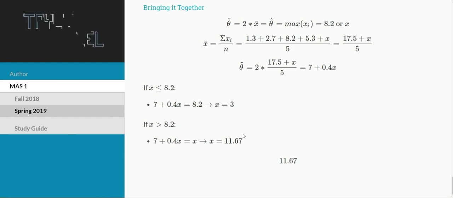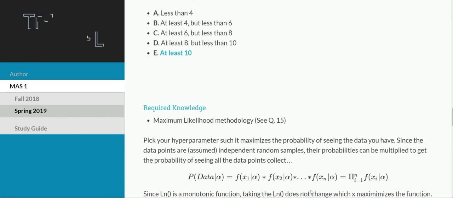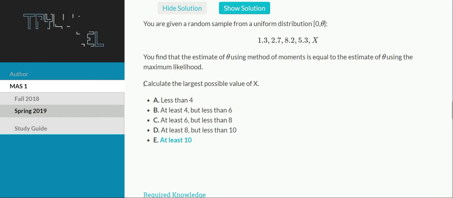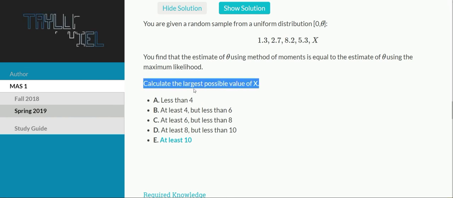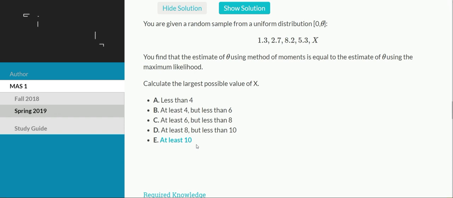So these are the only 2 possible values that x can be where the 2 estimators are the same. And we're interested in which one of these is the largest, which is just 11.67. So scrolling back up to the problem, just to refresh, it says calculate the largest possible value that x can be. And since it's 11.67, that gets us the final solution of E.